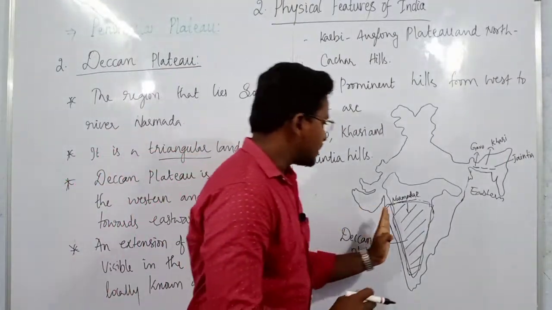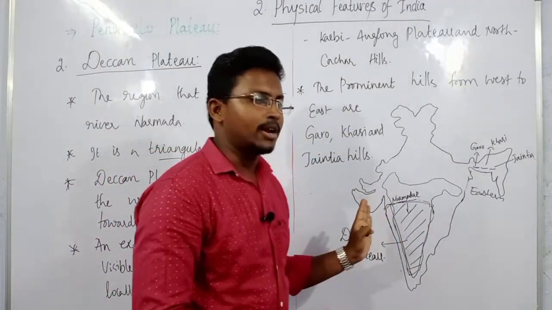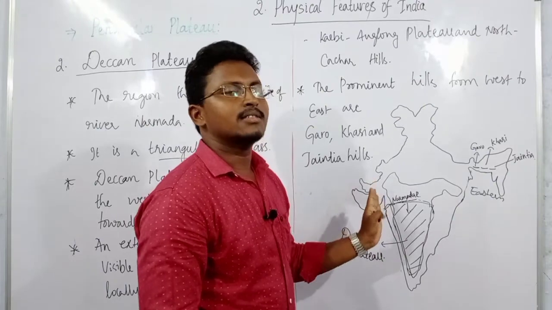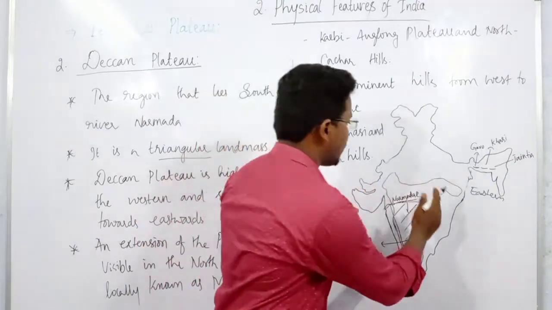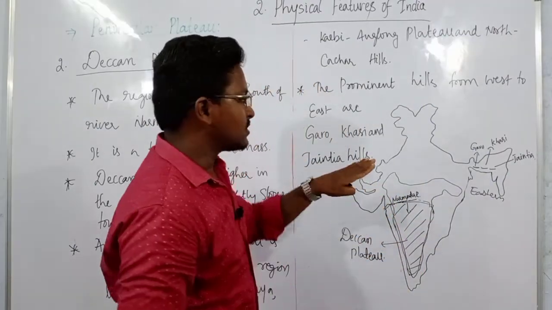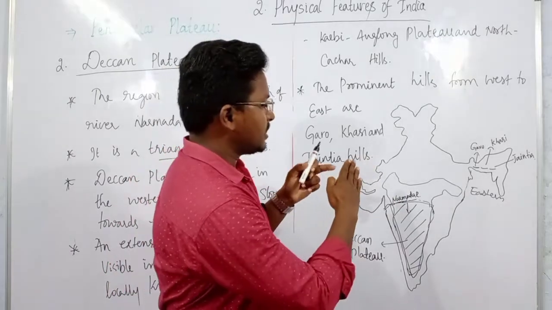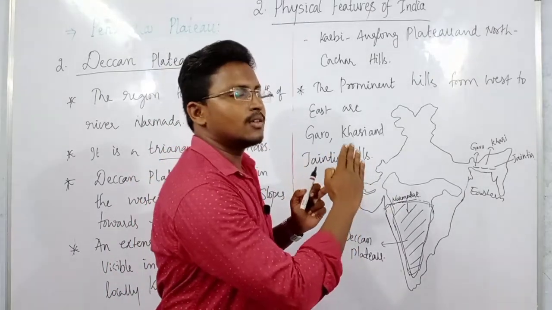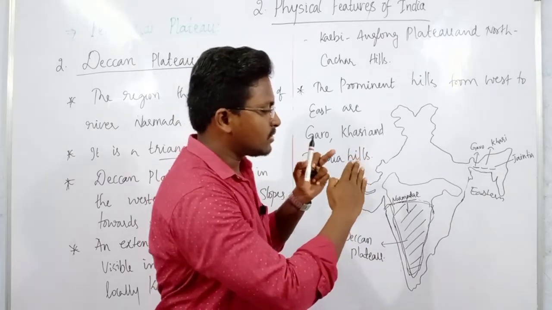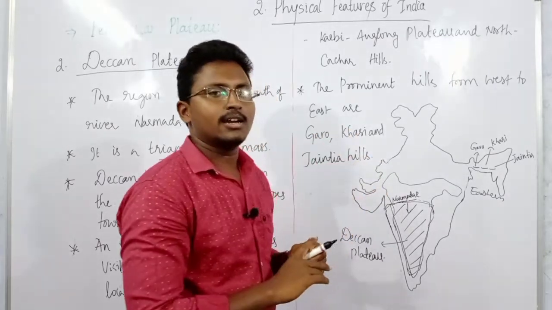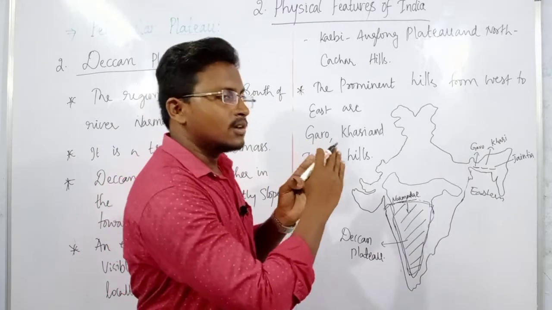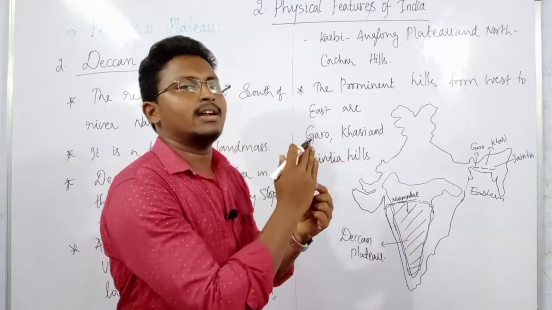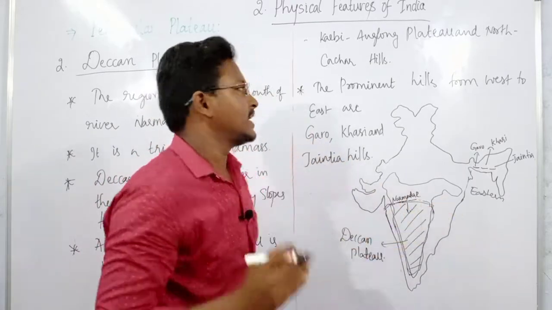That means the height of the Deccan Plateau on the western side is somewhat high, whereas compared to the eastern side the slope is something like this. So the Deccan Plateau looks somewhat higher on the western side and slopes towards the eastern side.